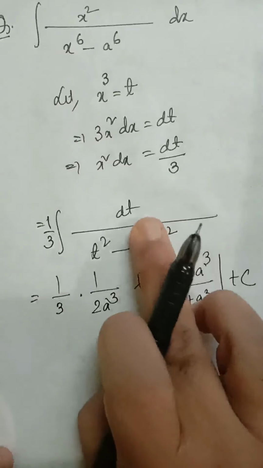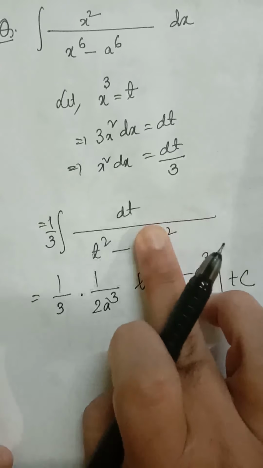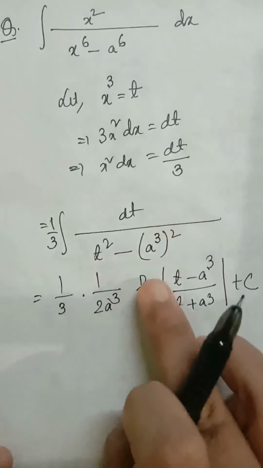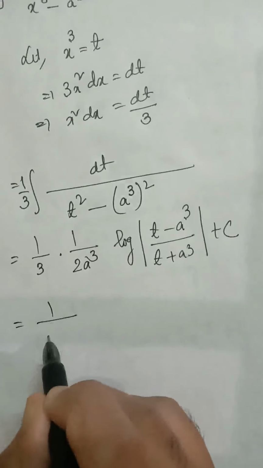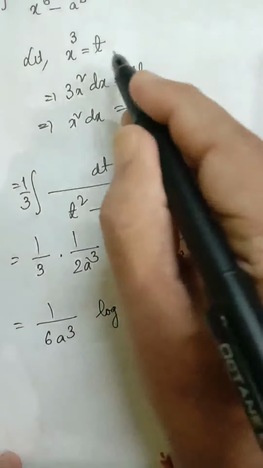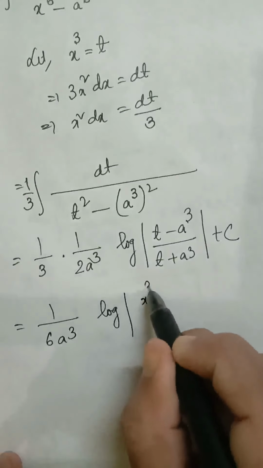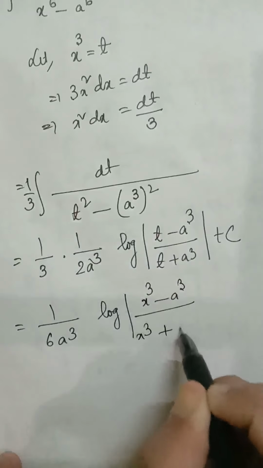In the next step, we have to put the value of t, which is x cube. So it will be (x cube minus a cube) by (x cube plus a cube).